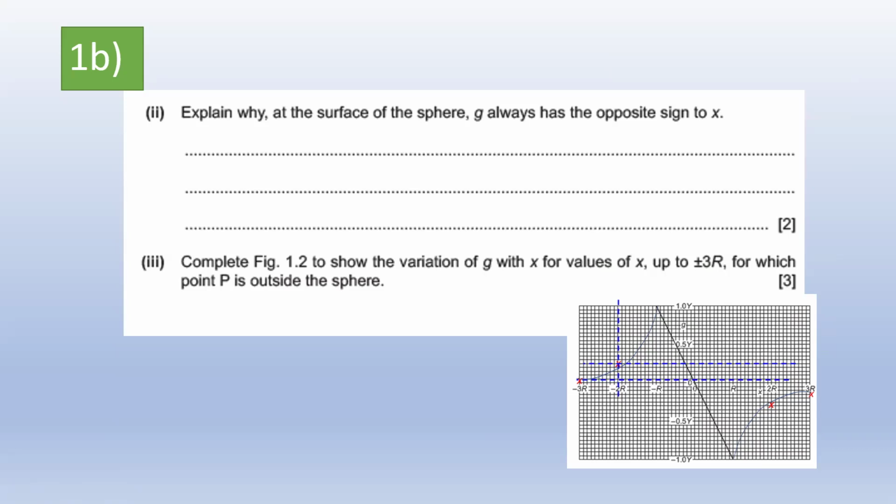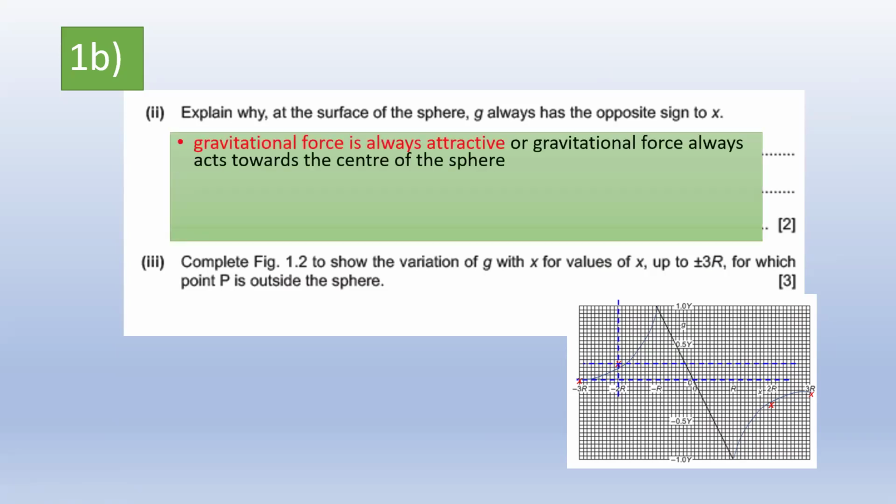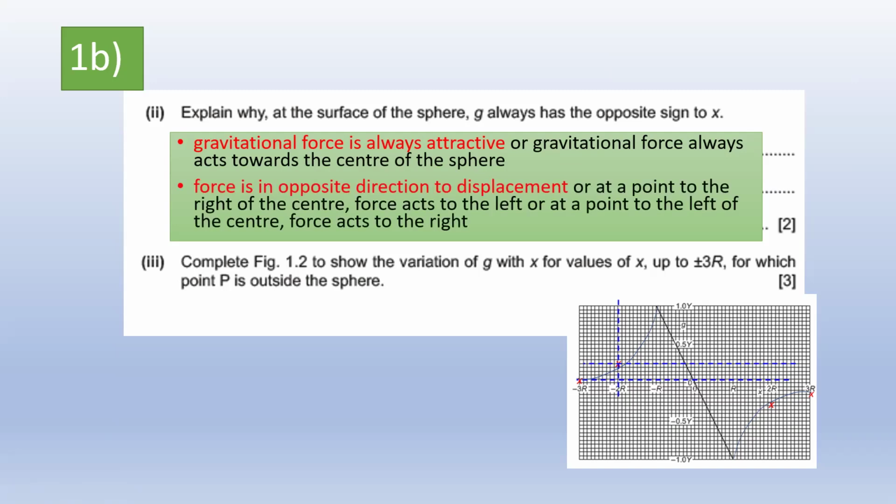It's because gravitational force acts towards the center of the sphere, and then the force is in the opposite direction to displacement. Remember your G and x are vectors. So the first point is gravitational force is always attractive, and the force is opposite in direction to displacement.